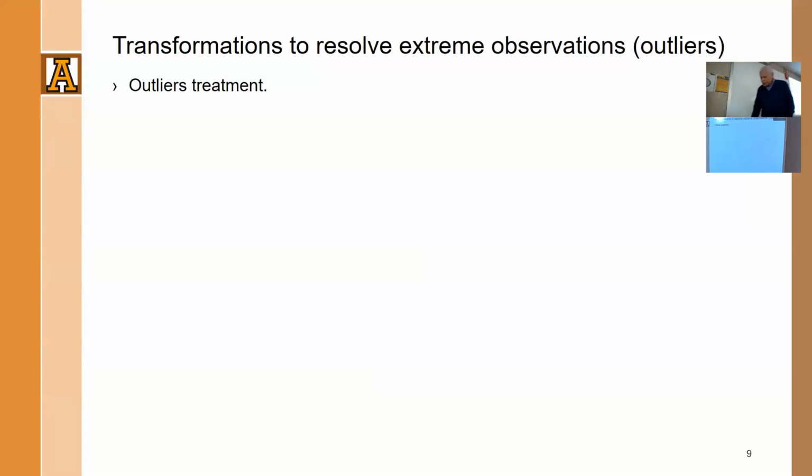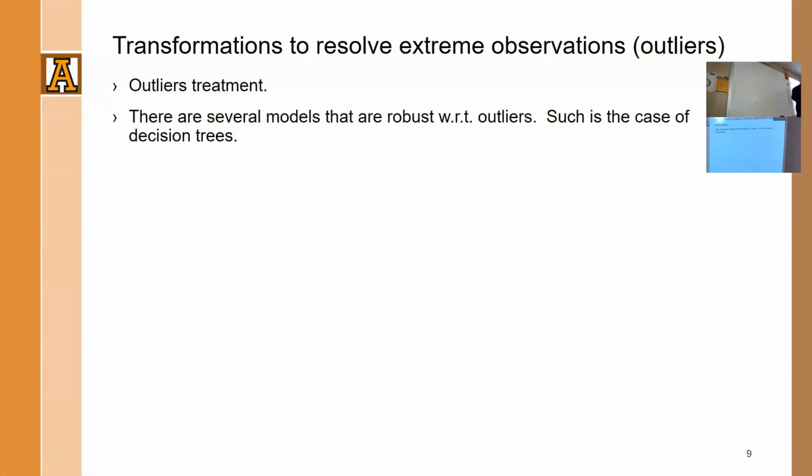Now, this is a transformation that should only be done if absolutely necessary, okay? Because one has to be very careful when one does this transformation. This is for treatment of outliers. When we have outliers and we have a model that's not robust, we have to worry.